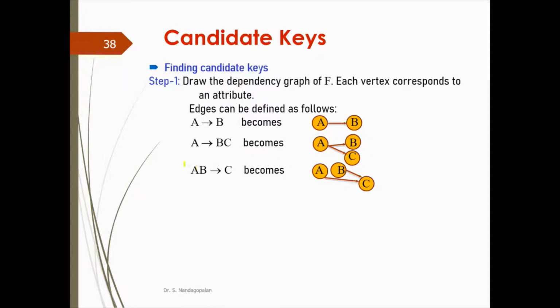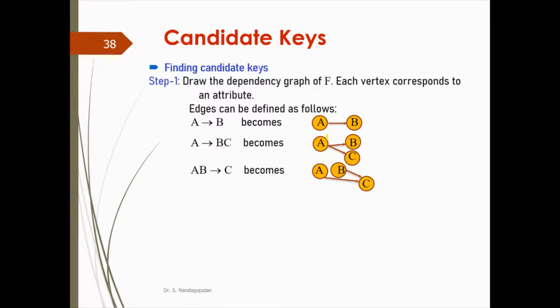Similarly, if you have 2 on the left hand side, again you have two edges coming out of these two vertices. So this is the first step. Go through each and every FD in the given problem and try to complete drawing this. Before that, of course, you need to draw a vertex corresponding to each attribute.